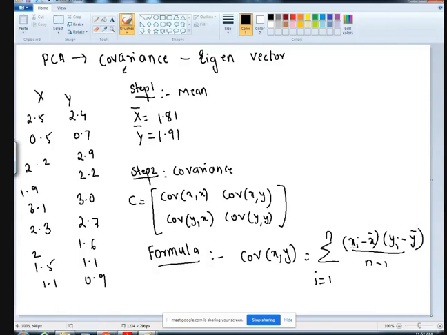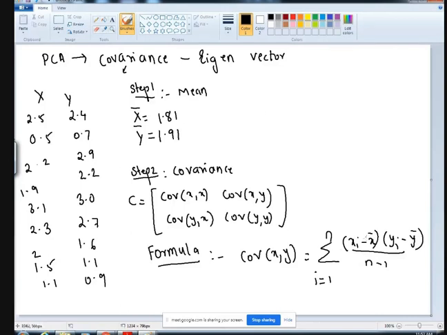Now what is this xi? Xi is any instance that is there. So for example, if you have considered 2.5, then this is a particular instance. So this is xi, in this case 2.5, and x bar is the mean that we have obtained by adding all the attributes divided by the number of rows that were there.